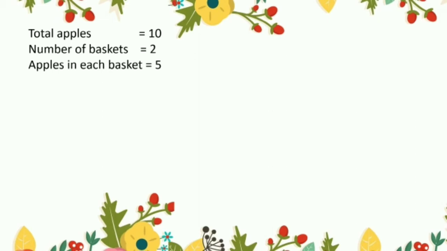Now let's write it in terms of division. We write the total number of things, followed by the symbol of division. Then we write the total number of groups to be made. At last we write the number of things we get in each group.